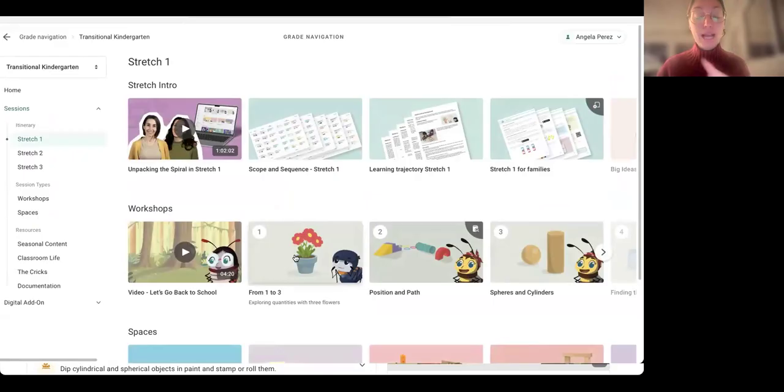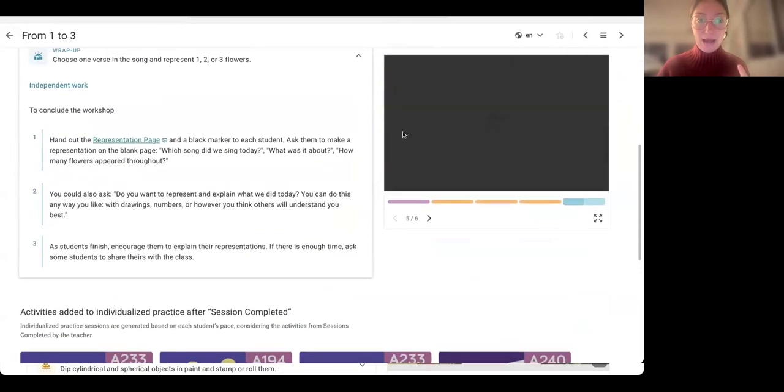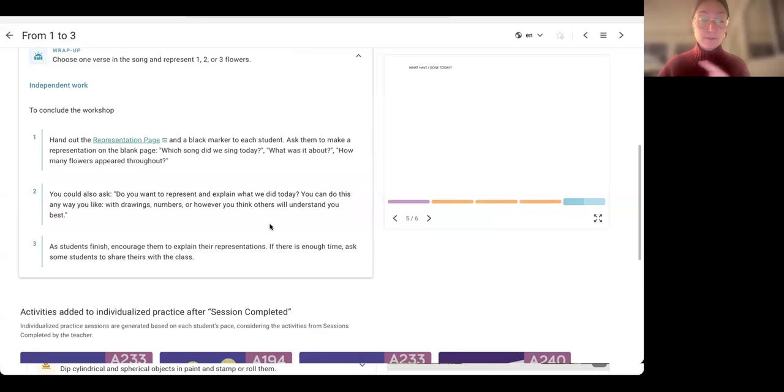That's a workshop. An important part of workshops is that, just to wrap up, they end in what we call a representation page. If you come in here and click, it's going to show up in the classroom player. It's a blank page.